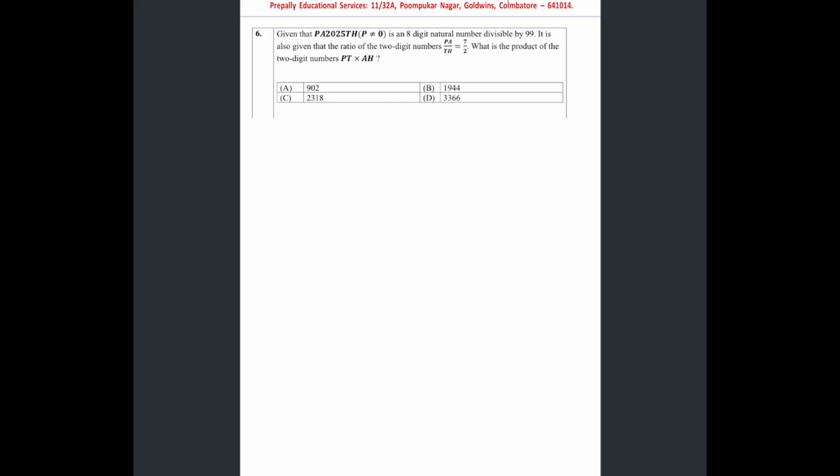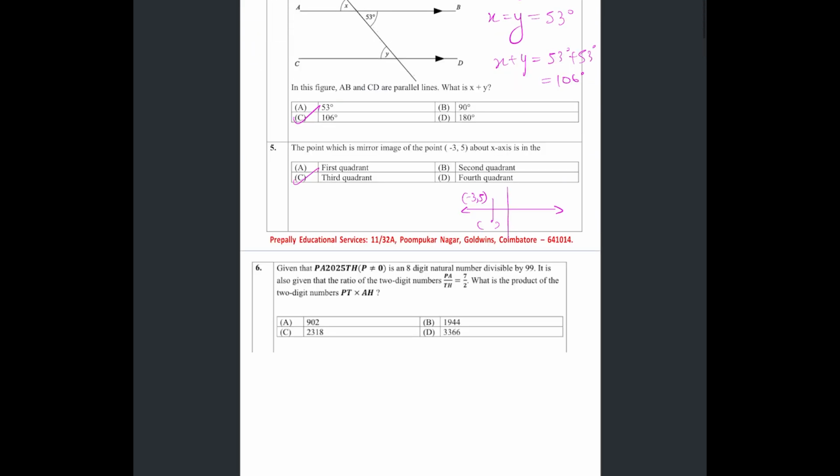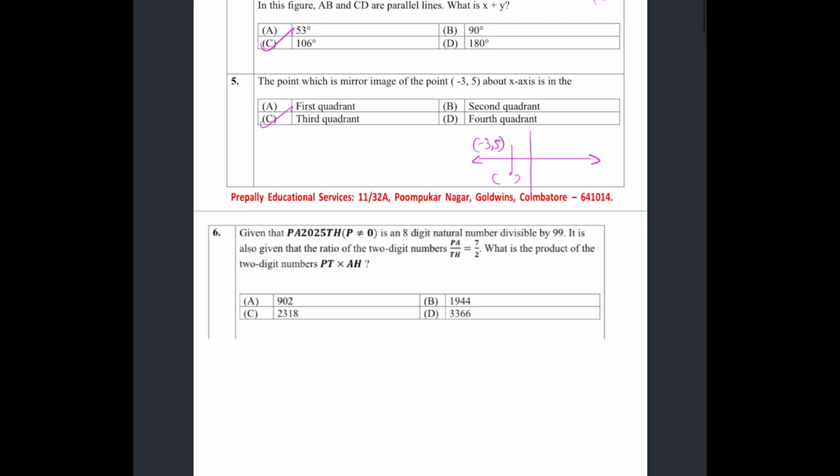So question number 6. We're given an 8-digit natural number PA2025TH, right? All of these are digits. So it's an 8-digit number which is divisible by 99, right?